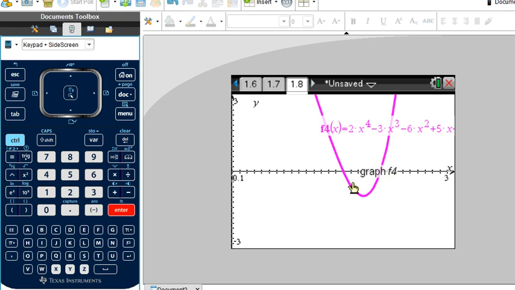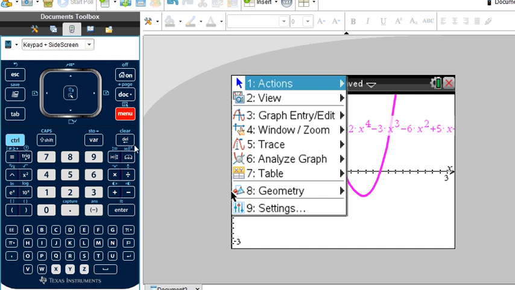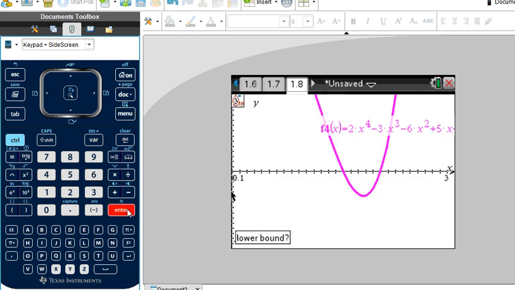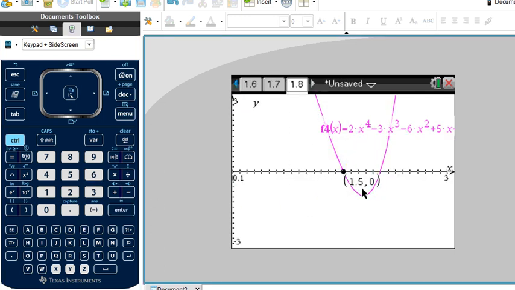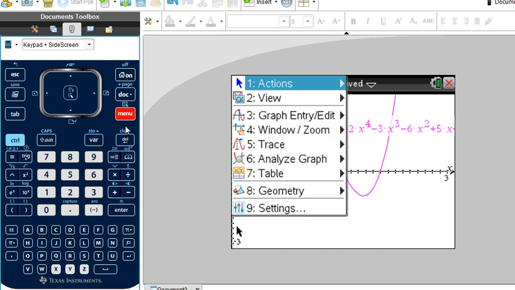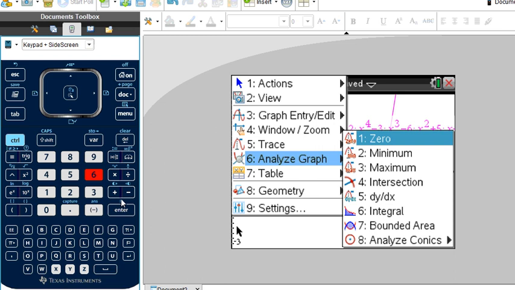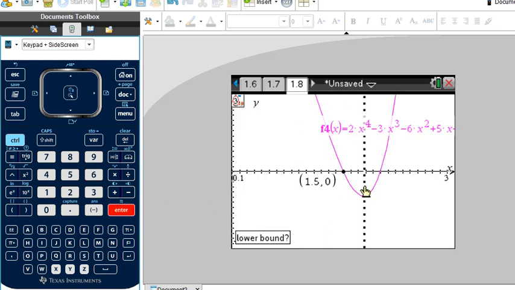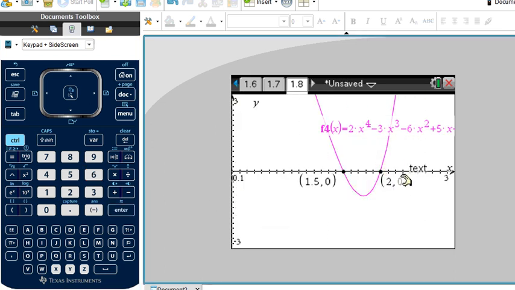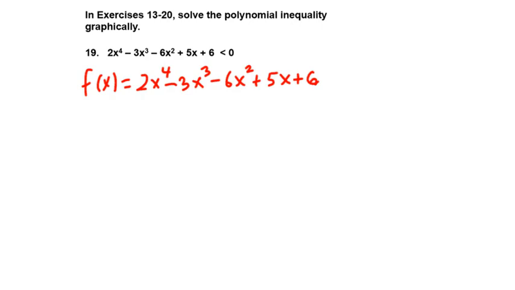We're interested in this little piece here below the x-axis. So if we go to Menu, Analyze Graph, 0, we go to the left and to the right, we get a 0 of 1.5 or 3/2. We're going to analyze this again for the other root on the right. So go to Menu, Analyze Graph, enter for 0. We go to the left, to the right, so we get 2. So between 1.5 and 2, that'd be the solution set.